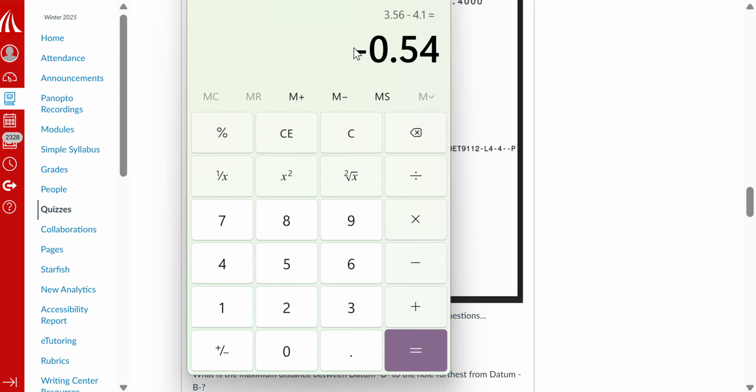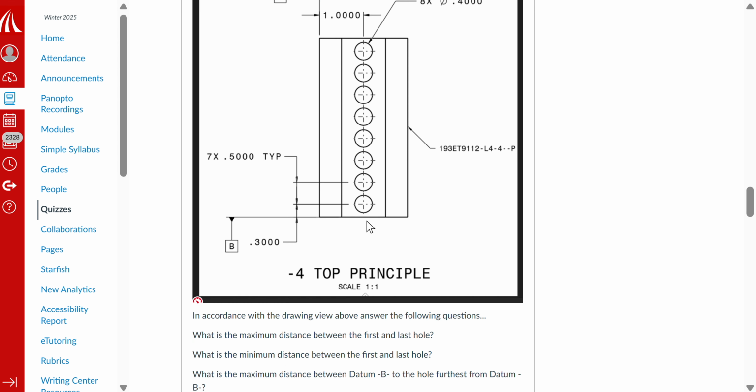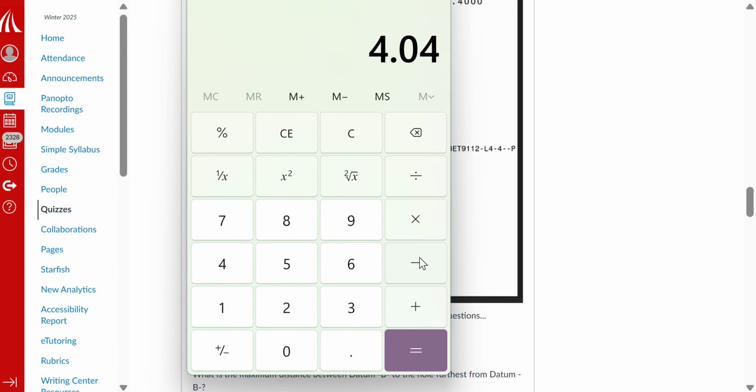Now, if it were the exact opposite way, where we were at 4.04, that being from this edge all the way up to the last hole, if the holes were at the greatest deviation of 0.53 and this were 0.33, we would subtract that from 4.1.